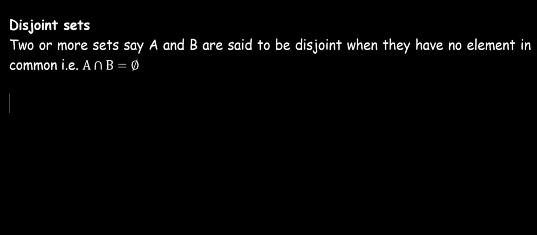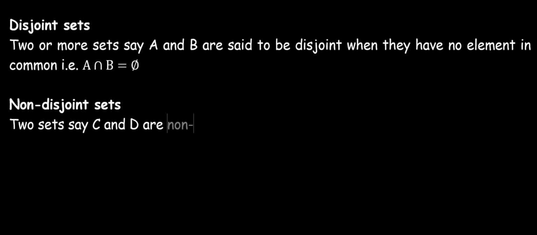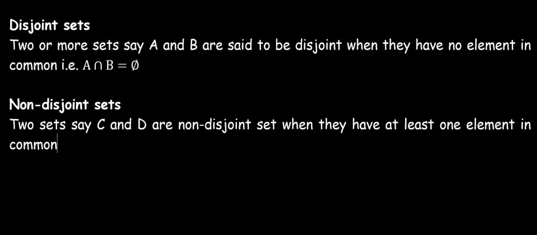The next terminology, non-disjoint set. Two sets, say C and D, are non-disjoint sets when they have at least one element in common. That is C intersection D is not equal to the empty set.